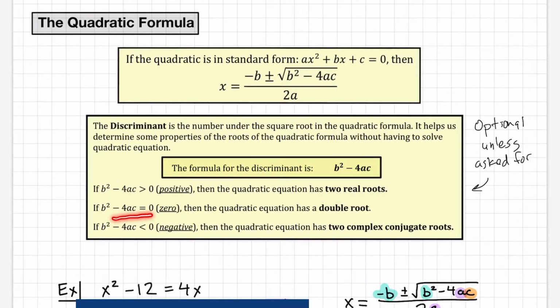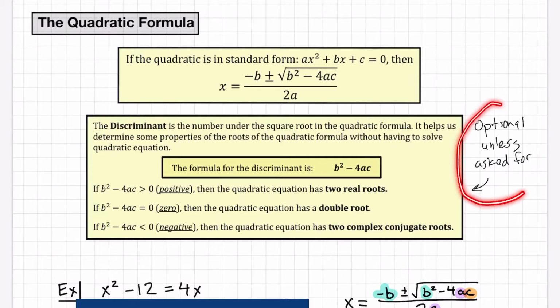If it equals 0, then we'll have what's called a double root. Those two roots are actually just on top of each other. And if b squared minus 4ac is negative, then we have two complex conjugate roots. We'll have bits of imaginary numbers in with our roots.